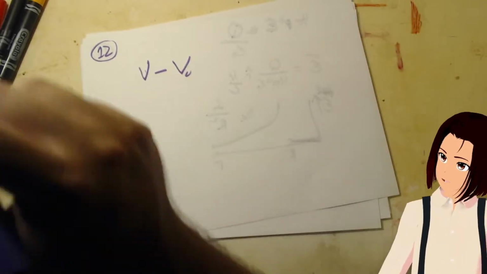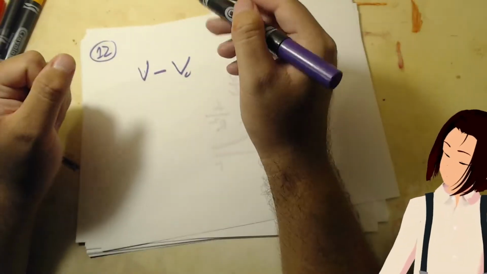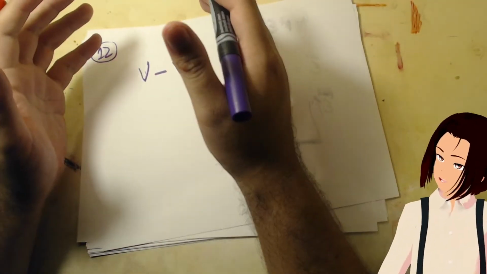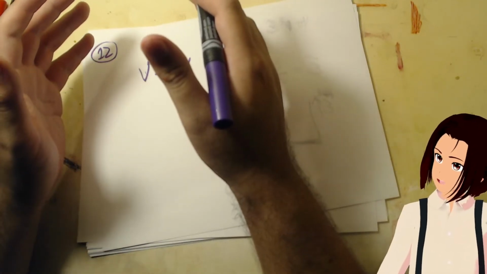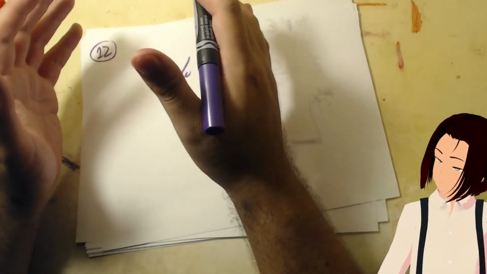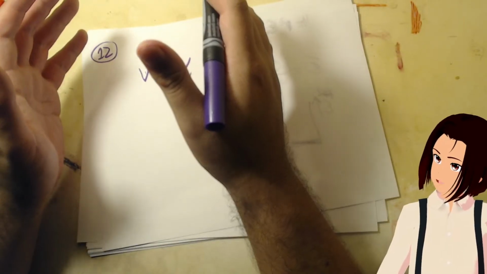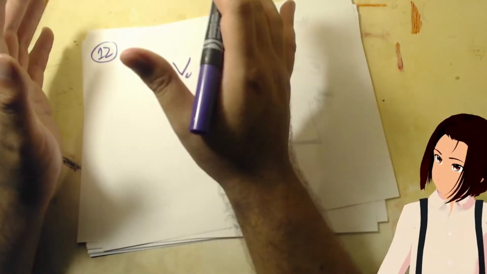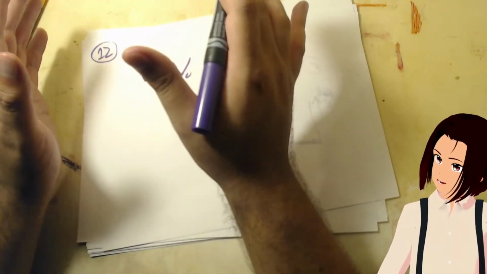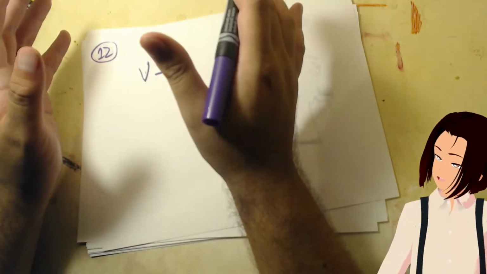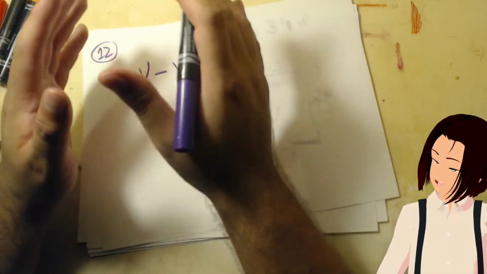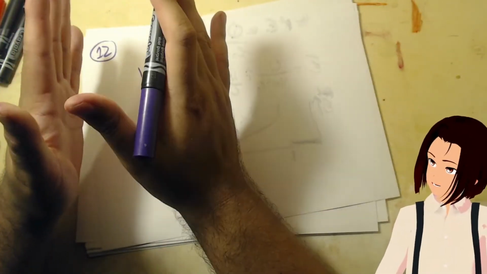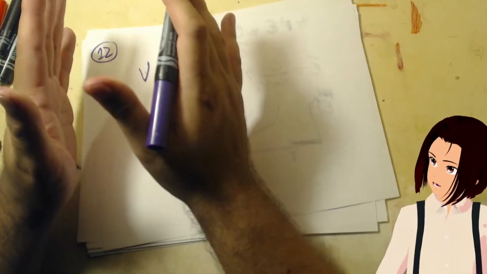I remember I said earlier that circuits is a specific way of looking at EM theory. EM theory is the general way of looking at it, but circuits looks at a specific case of EM theory.